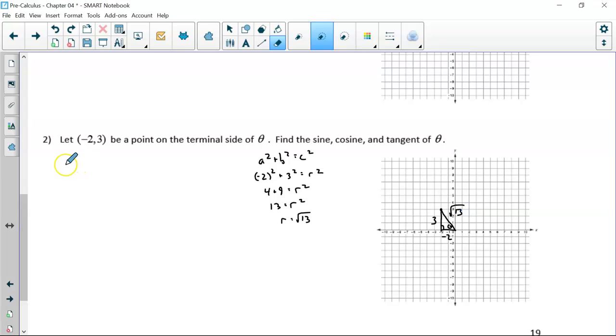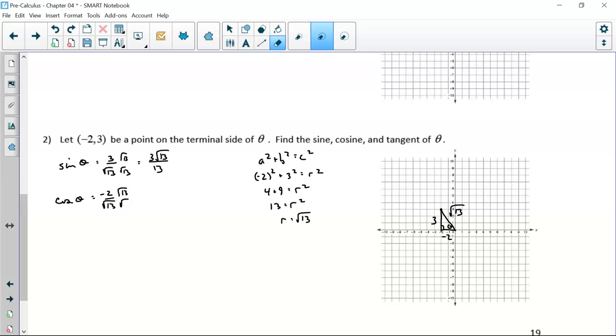And now to find the sine of theta, that angle, opposite over hypotenuse. The opposite is 3 over the square root of 13. Unfortunately, we can't leave it like that. We have to rationalize it. Root 13 over root 13. So we get 3 square root of 13 over 13. Our cosine of theta, negative 2 over the square root of 13.